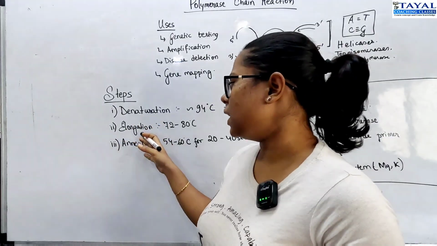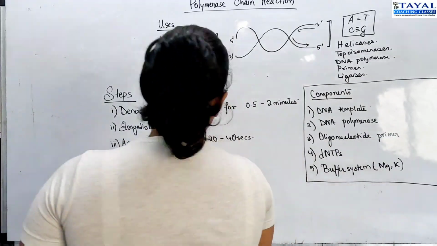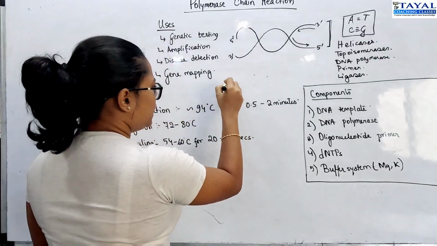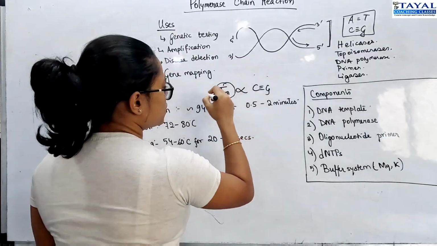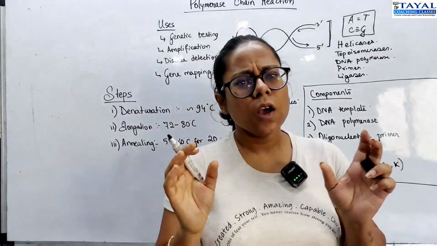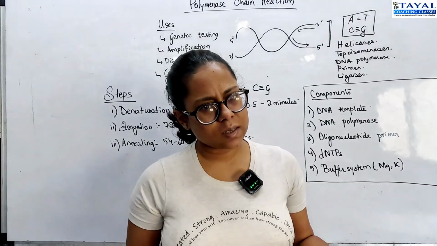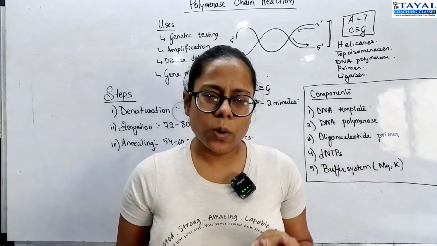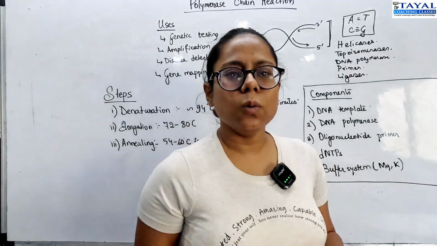One is denaturation, elongation and annealing. Denaturation usually happens at a temperature which is known as the Tm, which is directly proportional to the amount of CG bonds, because CG is the triple bond. So basically one DNA strand which has a higher amount of CG base pairing will require a higher temperature, whereas with lesser will require lower temperature.